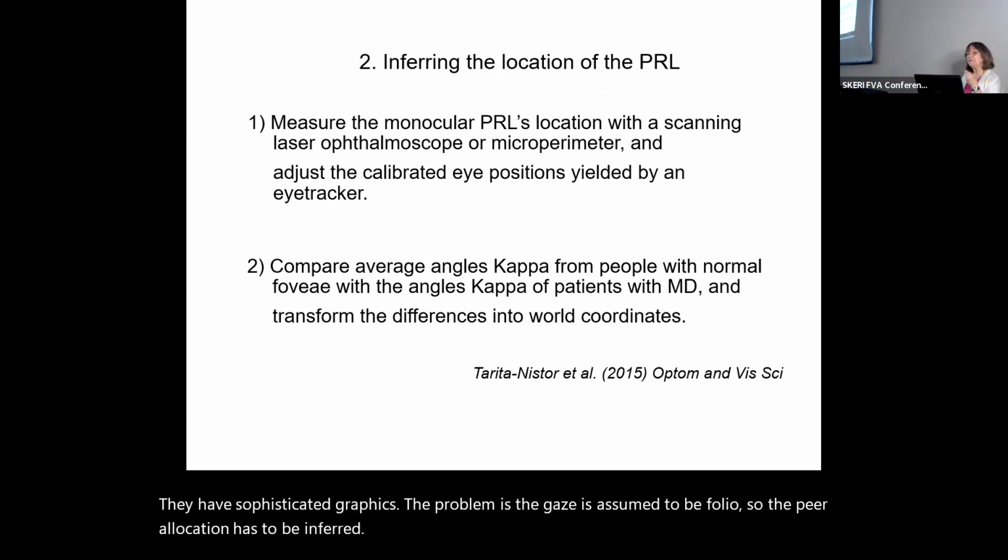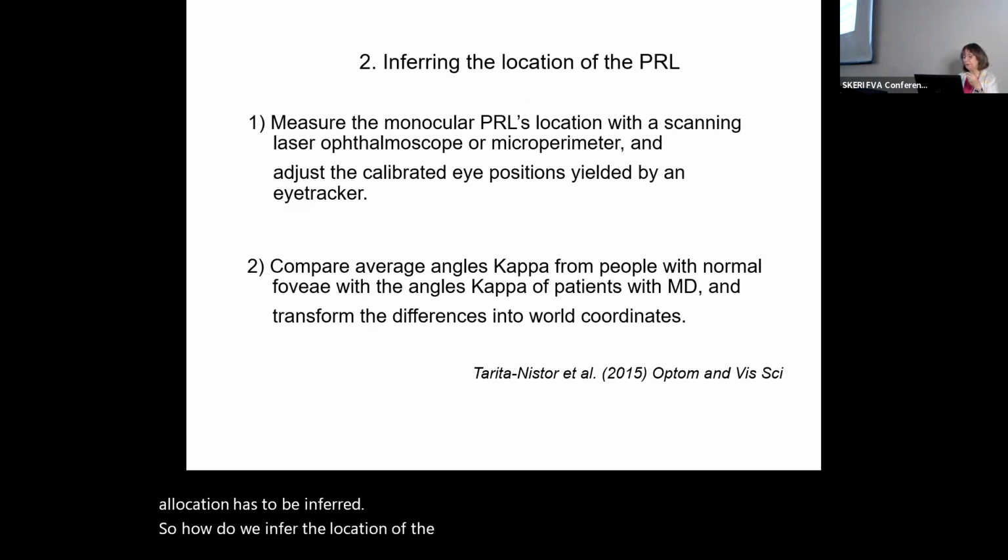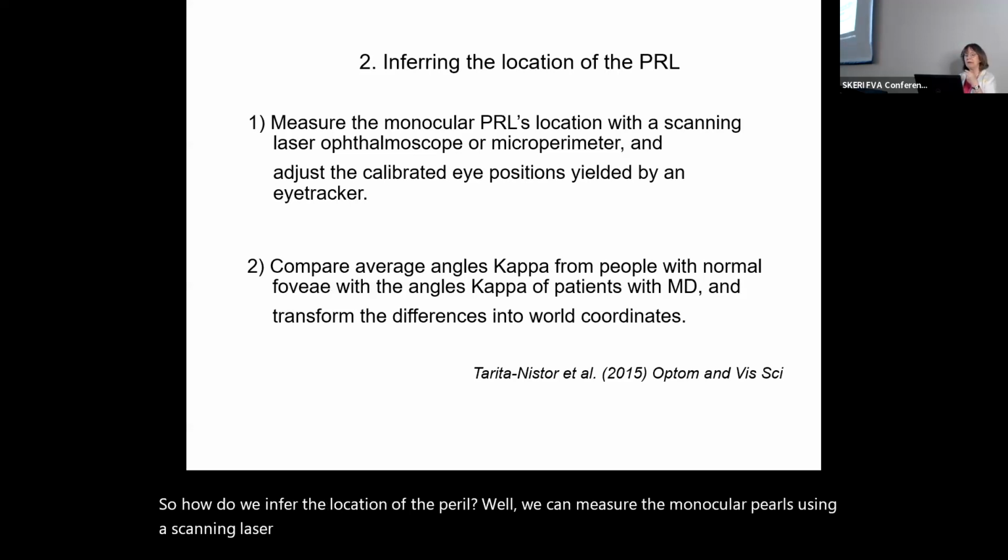So how do we infer the location of the PRL? Well, we can measure the monocular PRLs using a scanning laser ophthalmoscope or a microperimeter, and then simply adjust the calibrated eye positions yielded by the eye tracker.